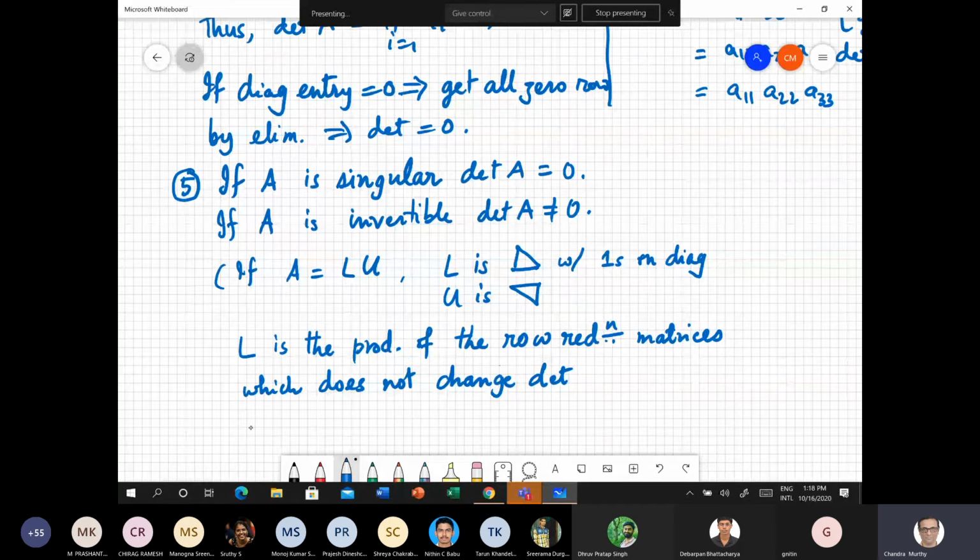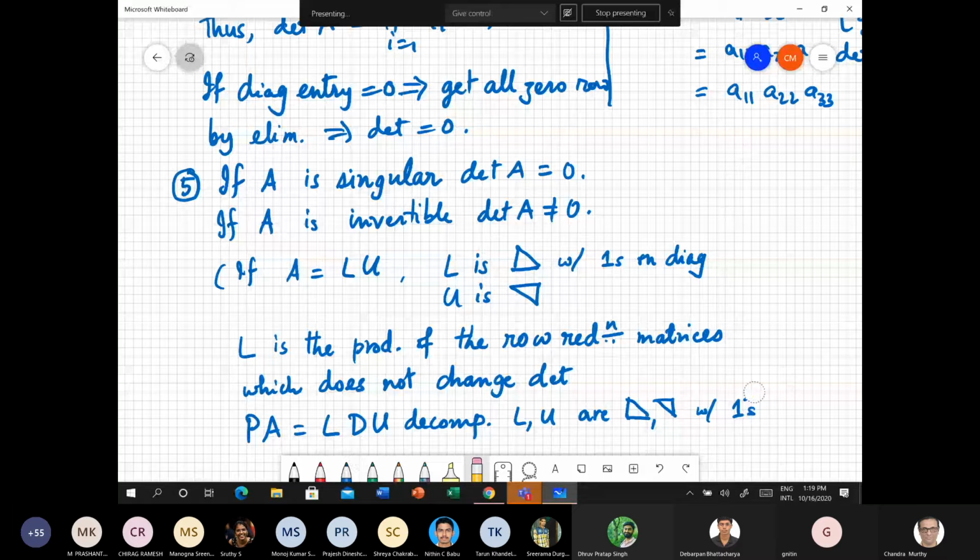The more general form is PA equals LDU decomposition, where L and U are lower triangular and upper triangular with ones on the diagonal, D is a diagonal matrix, and P is a permutation matrix.